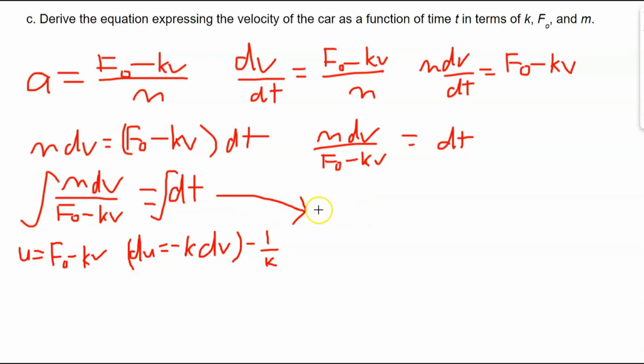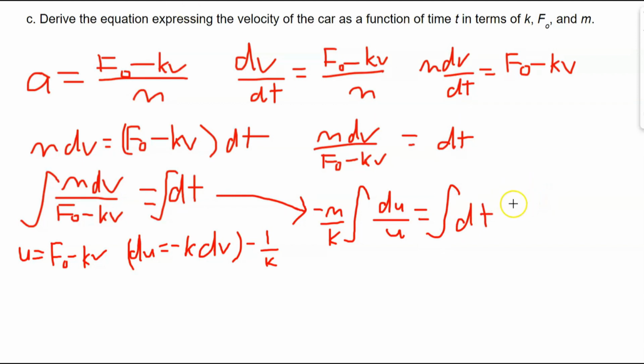So it's m times negative 1 over k, so negative m over k, and then the integral of du over u, and then all of that is equal to the integral of dt.